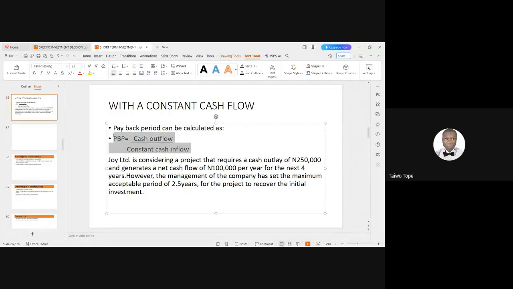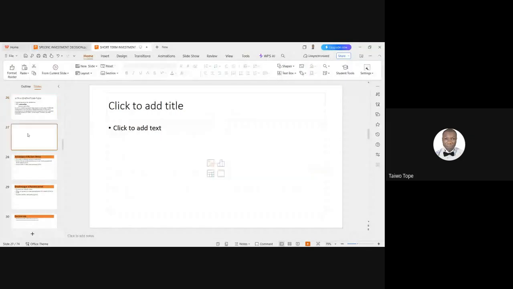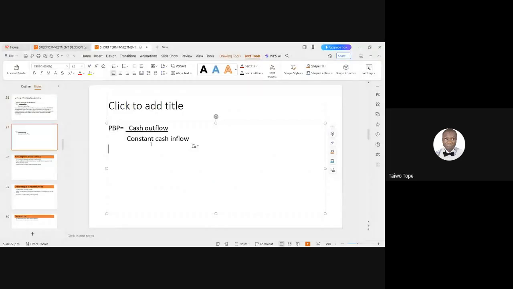This is where you have a constant cash flow year in, year out. Take note. So it will be the payback period. Payback period will be equal to what? 250,000 divided by 100,000.